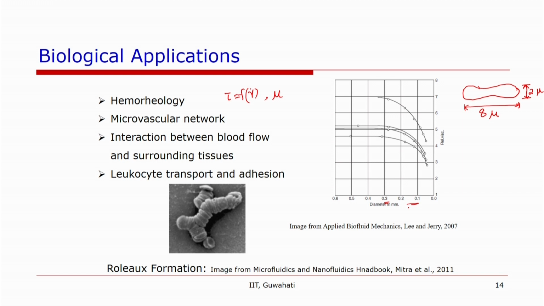as you can see here, there is an interesting effect that is observed in capillaries, probably a microchannel effect. This effect is known as the Fåhræus–Lindqvist effect, which suggests that the viscosity of the blood, this is the relative viscosity of the blood, decreases when the channel size decreases below 300 micron.